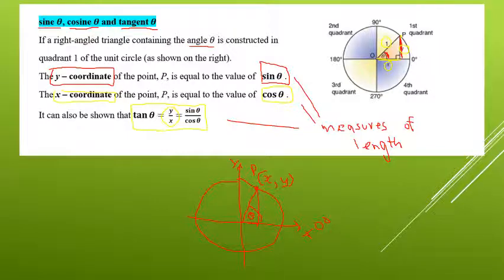This length here, which is actually the x value of that point, is equal to cosine of theta, and this length going up here is equal to the sine of theta. The tangent of theta is something different about this circle, which we'll show on the next slide.